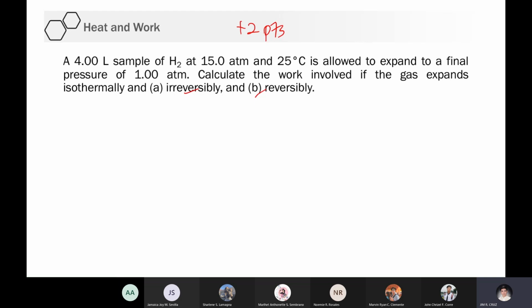Hirap, no? Hirap ba? Hirap, sir. Di ko po alam paano sisimulan. Saan po yung given? Hala, paano yan? Kunwari, ano na to? Midterm exam. Mamaya si Marvin may sagot ulit. Si JC may sagot.